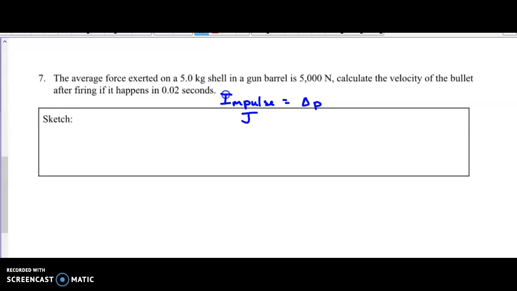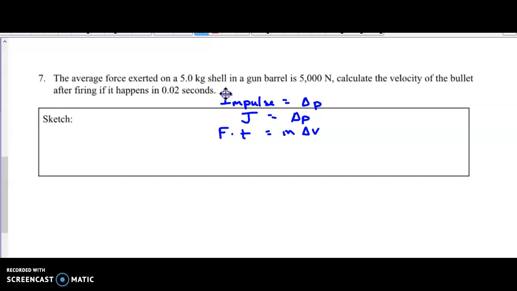So we have J equals change in P, or we can write J out: force times time equals mass times the change in V. I'm just breaking it down into its basic units.